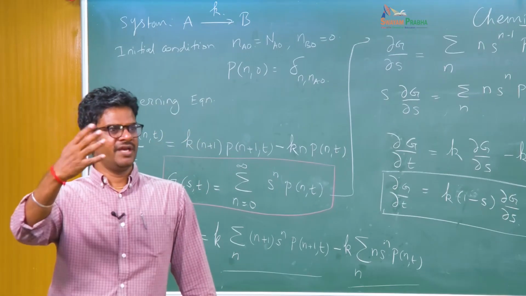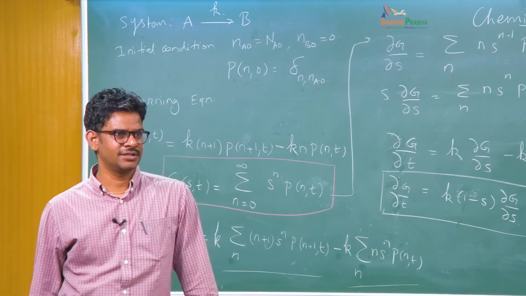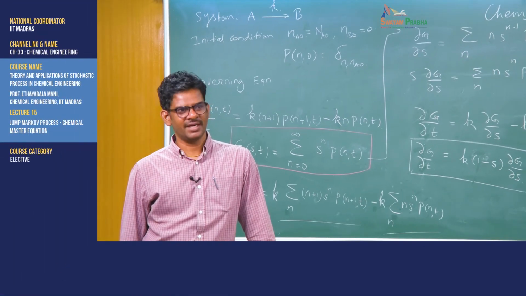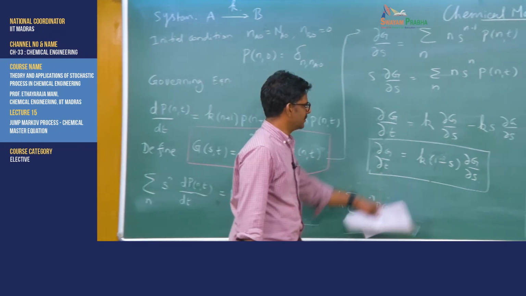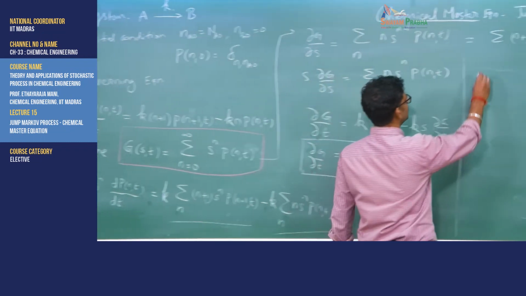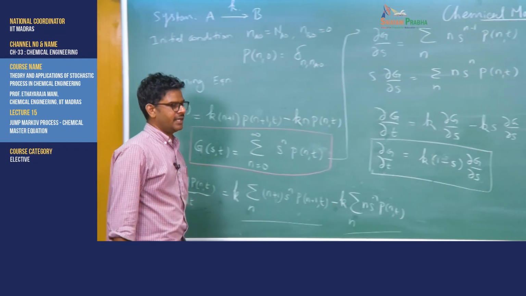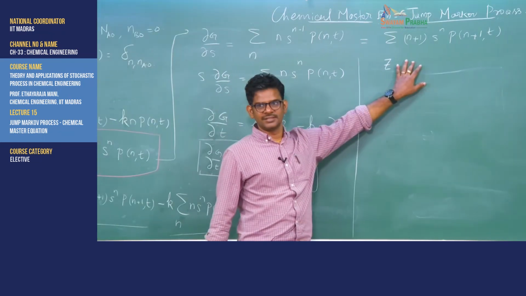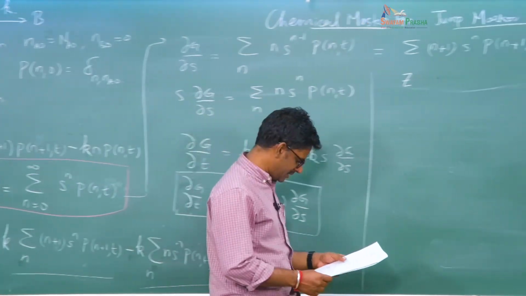We want to think about some other variable where any change in S and T can happen at a constant value of the new variable. So we want to define some new variable Z, such that any change in S and T can happen at constant Z values. This is called the method of characteristics.